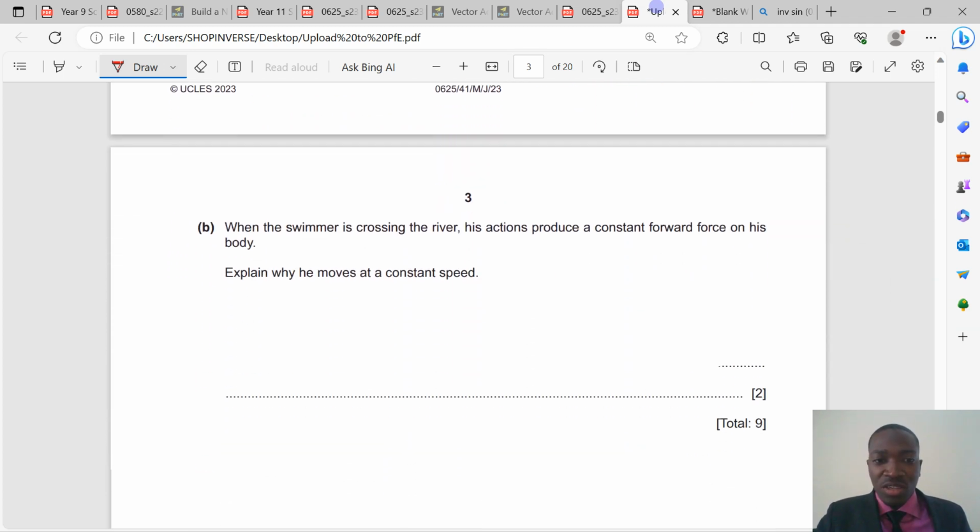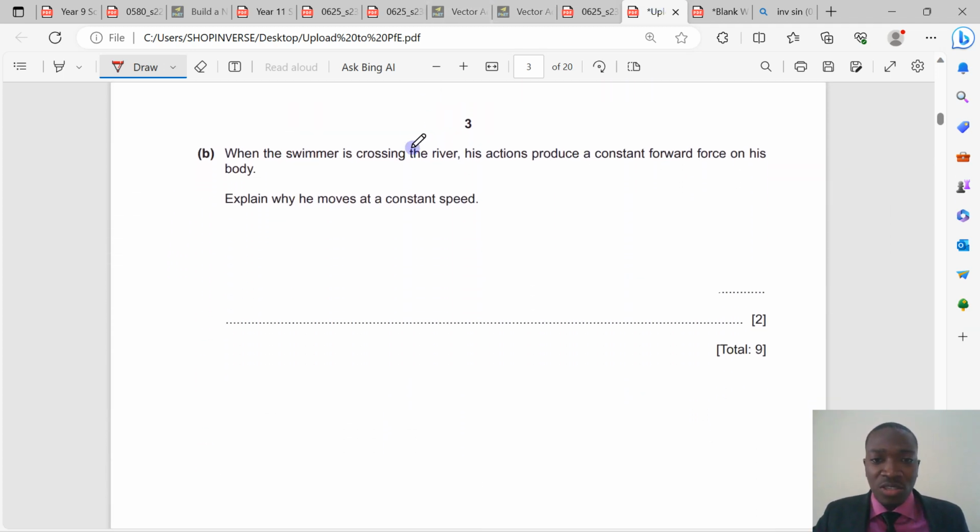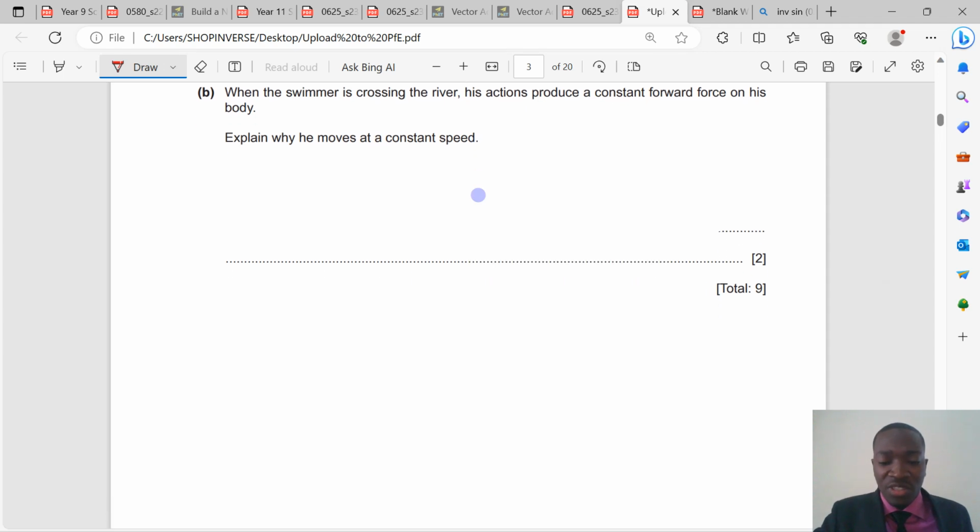Easy. The next one. When the swimmer is crossing the river, his actions produce a constant forward force on his body. Explain why he moves at a constant speed. If his action is producing a forward force, why would he move at a constant speed? Because there is a force opposing his action, which is drag due to viscosity.